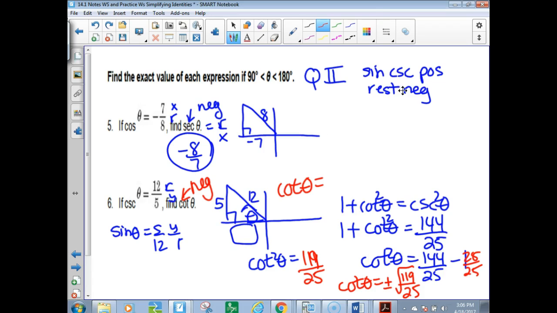Cotangent is negative, isn't it, in quadrant 2. So it'd be negative square root of 119 over 5. You got the same thing doing Pythagorean theorem over here, because this would have been negative 119. Oh, sorry, negative square root of 119.